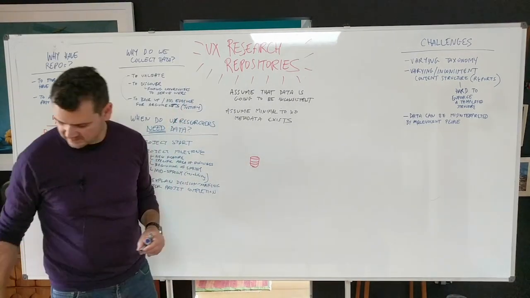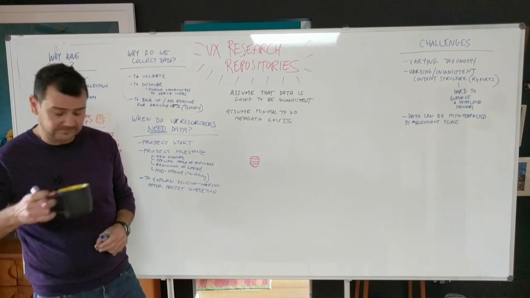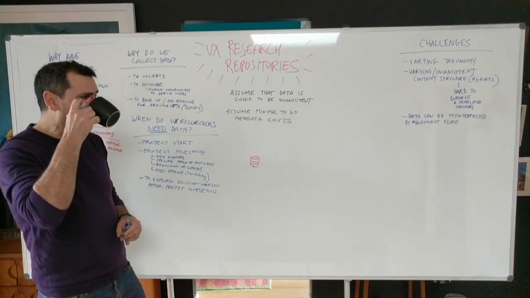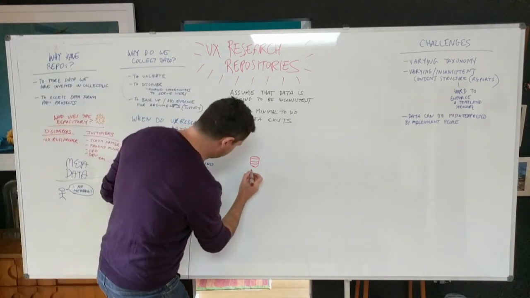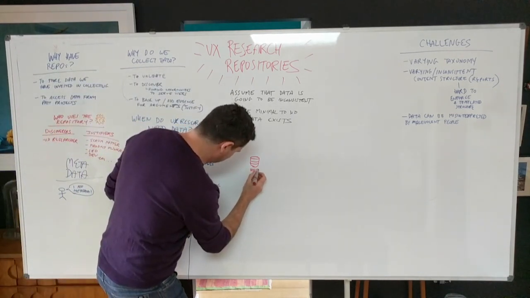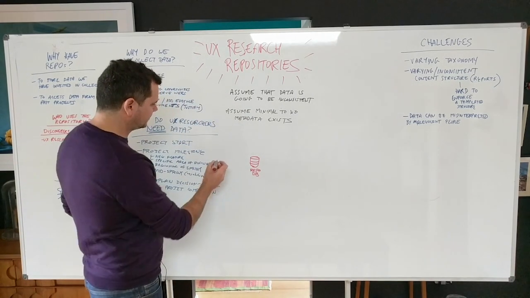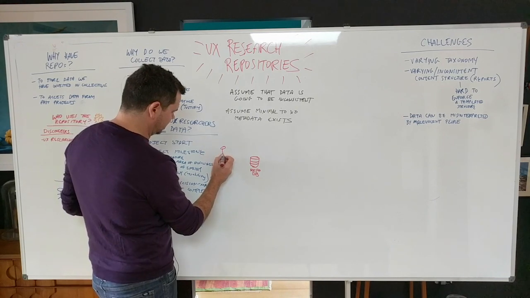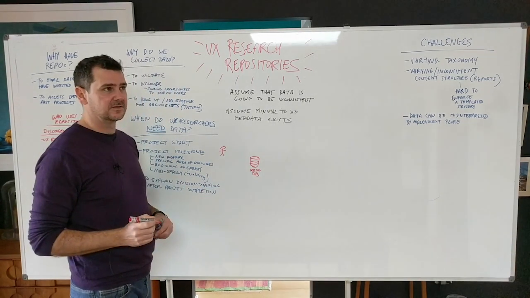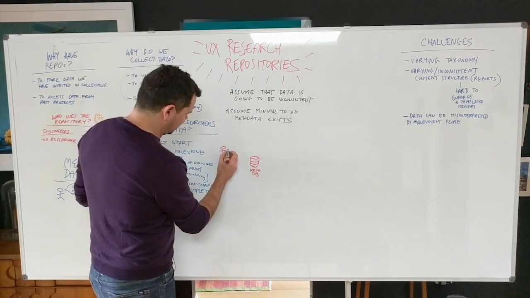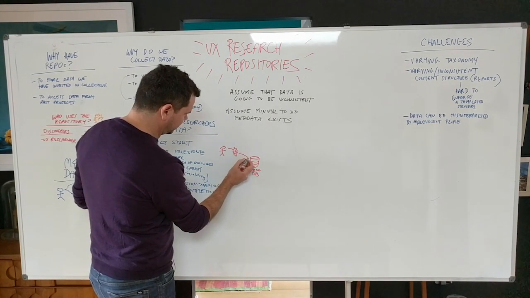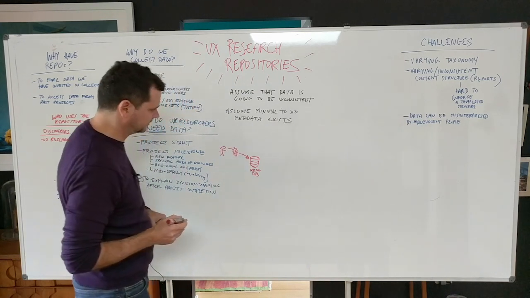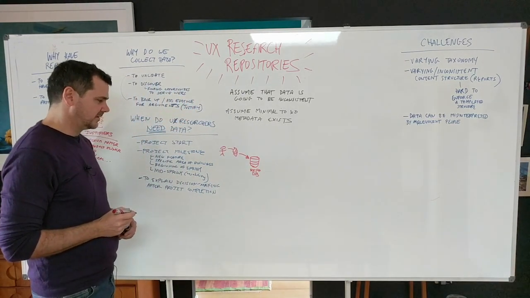I don't know why they have lines in them, but anyway. Here's our repo. Cool. Here is my researcher or person who does research. And I'm putting my information into here. Great.